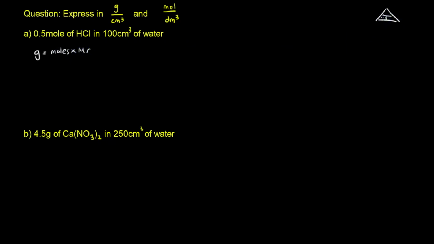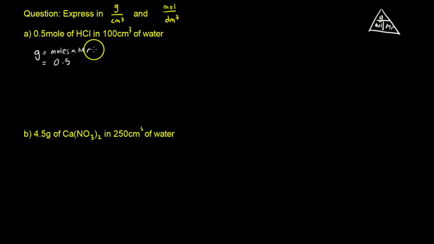This is a bit small, let me redraw it. My triangle is as such. First one on top is grams. This is mole, this is Mr. So to find grams, I cover grams. I can see that it's mole times Mr. Moles is 0.5.